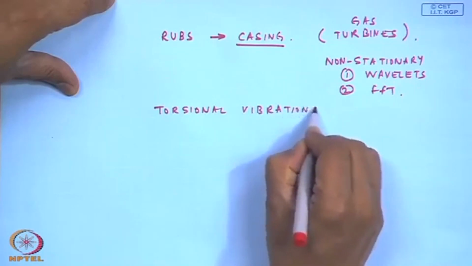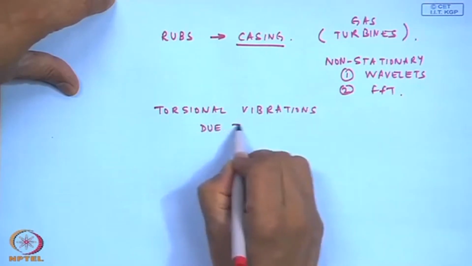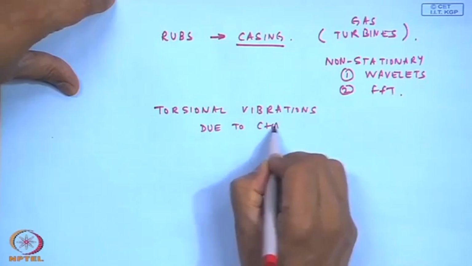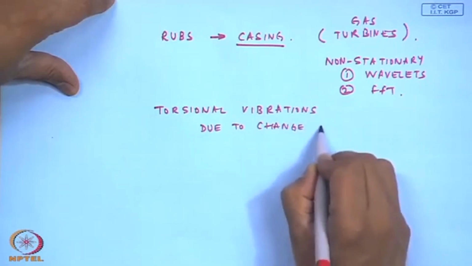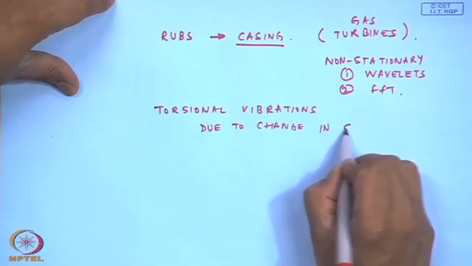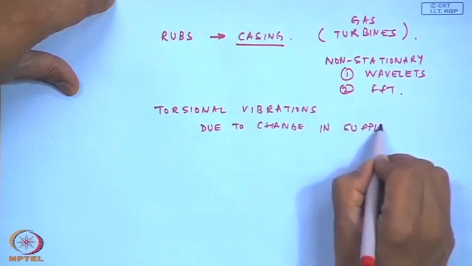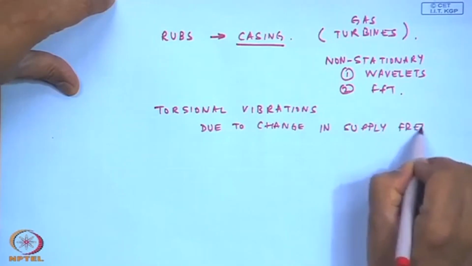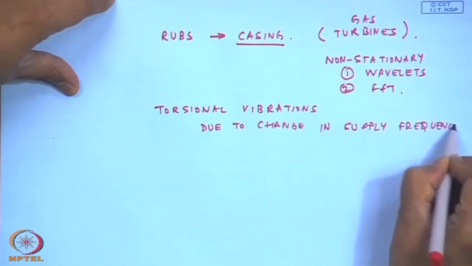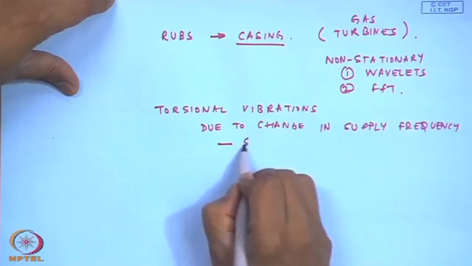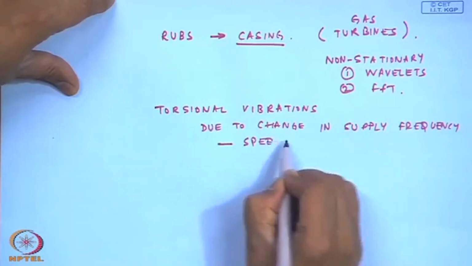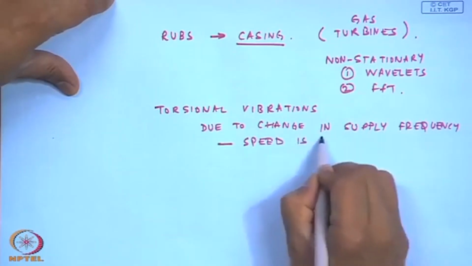Torsional vibrations due to change in supply frequencies, because the speed is changing.